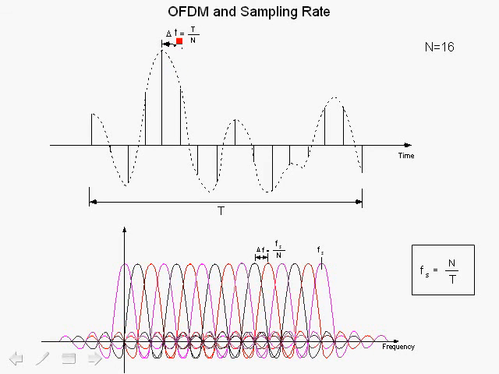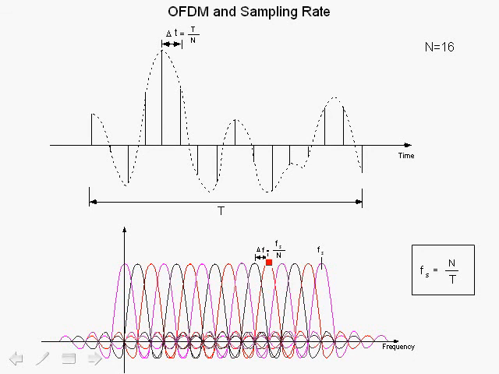That's the definition of the sampling rate. So the sampling rate will be the inverse of the time interval between samples. Well, the time interval between samples is T over N, so the sampling rate, in fact, is equal to N over T. So that is the sampling rate for OFDM, which is equal to the bandwidth.